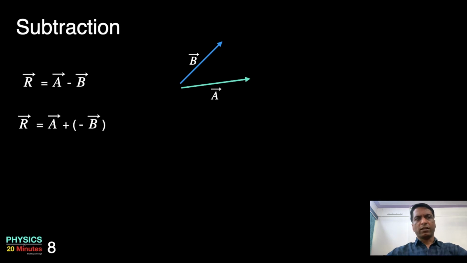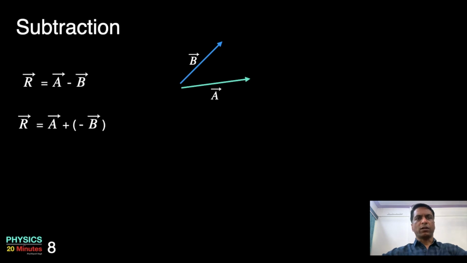So I can write it as vector R is equal to vector A plus minus vector B, where minus vector B is the opposite vector of vector B. So how do we get the opposite vector? You take the original vector and reverse its direction by 180 degrees and you get the opposite vector. In order to understand more about opposite vector, please refer to video number 7.